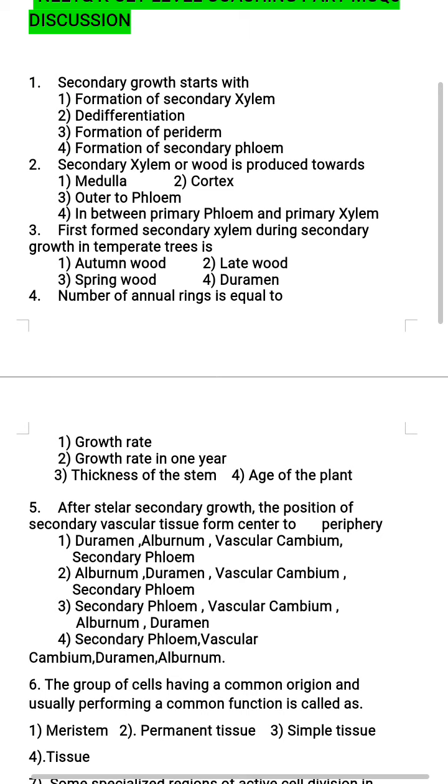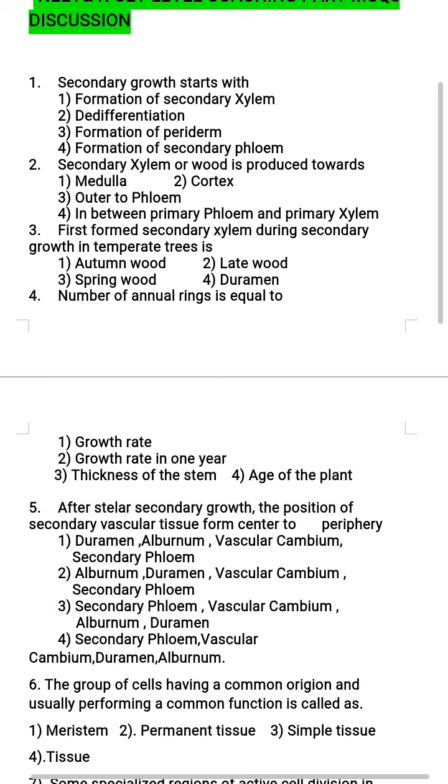Students, the activity of cambium is under the control of many physiological and environmental factors. In temperate regions, the climatic conditions are not uniform throughout the year, and in the spring season especially, the cambium is very active and produces a large number of xylary elements having vessels with wider cavities.